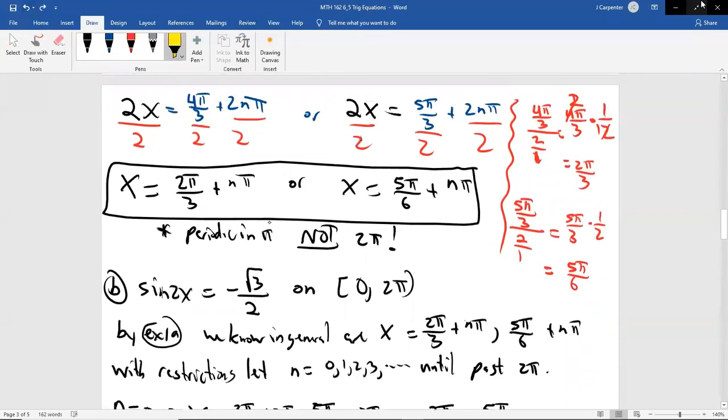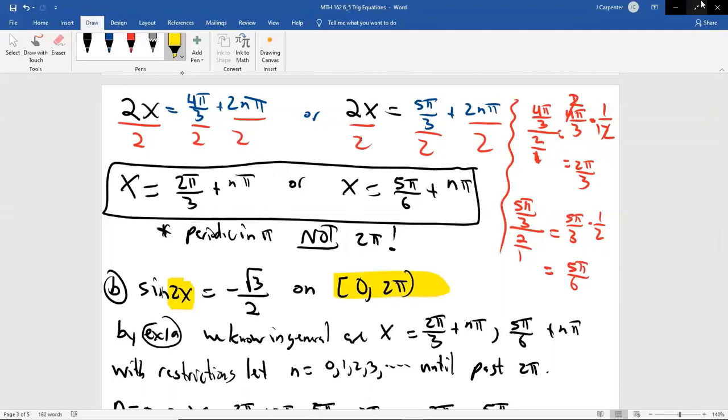The second major complication is if I give you one where you have the number inside and I give you restrictions, holy cow, that's a pain in the butt. That's a long problem, but it's a perfectly valid problem, and it's something that you have to understand to be able to reason through. So if this was a completely new problem, I'd do my substitution. I'd find my solutions in theta. Then I would add the 2 pi because it's sine.